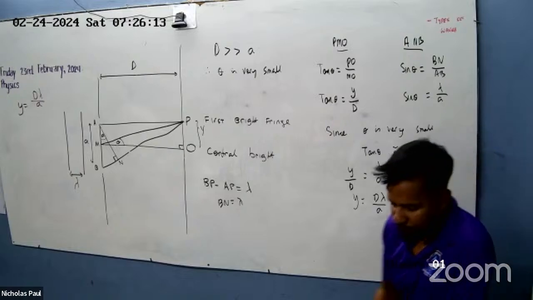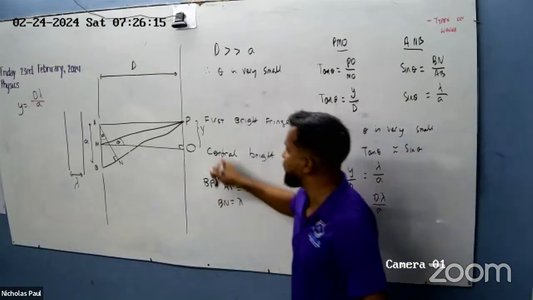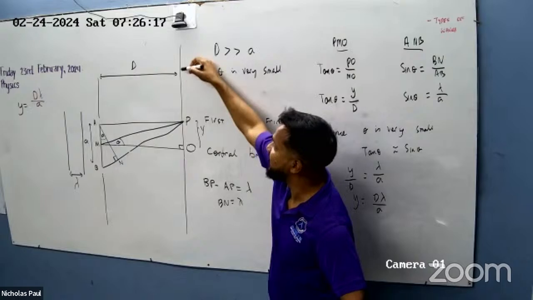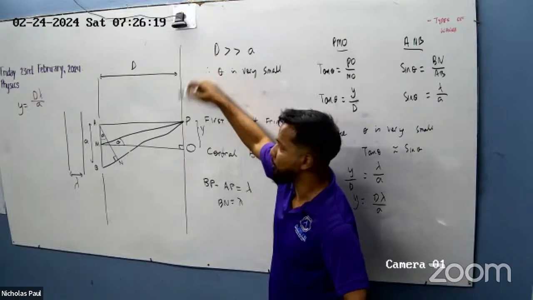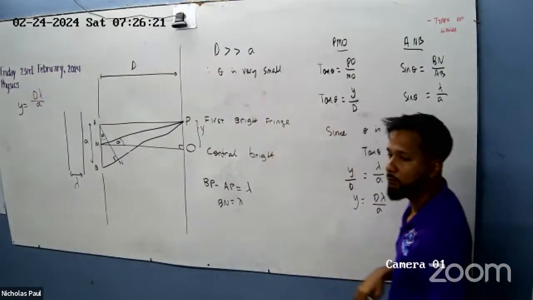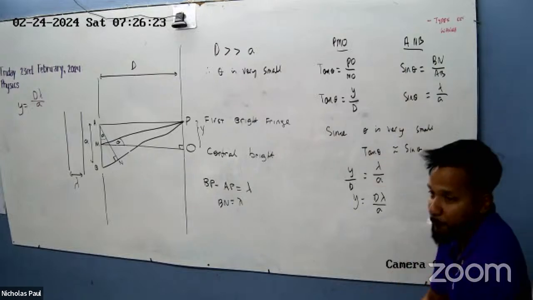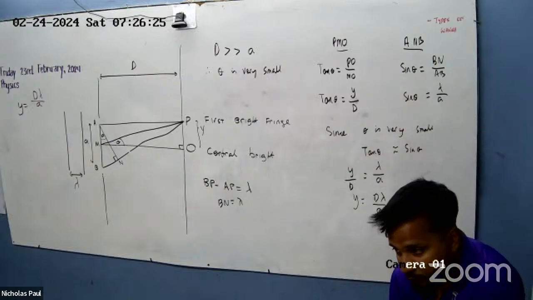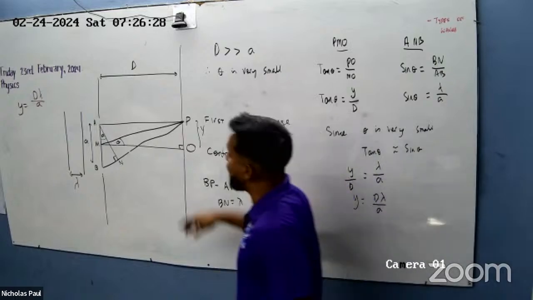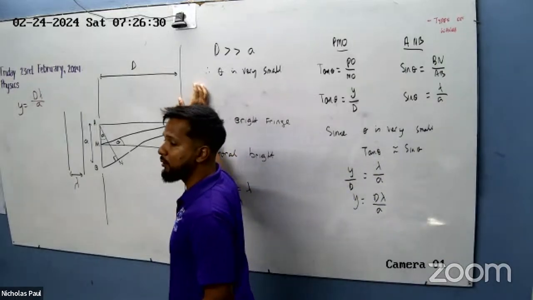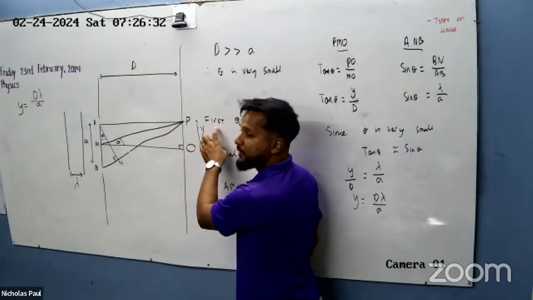Copy it down. The one I did in the notes, instead of doing the first bright fringe, I did the nth bright fringe.